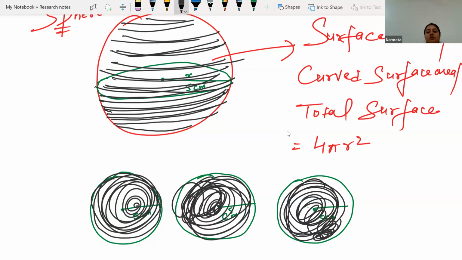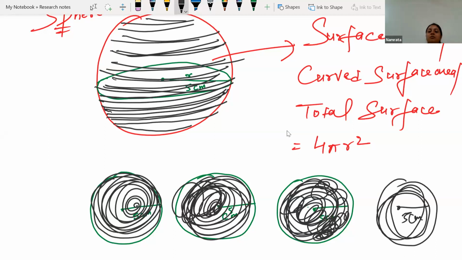In work education or something, you must have done this type of thing. Now you will feel more thread is left. So one more circle you draw with the same radius, 5 centimeter, and this circle also you will be able to cover. And now you will feel the total thread is completely over, and you are able to cover 4 circles completely with the same thread, the same length.